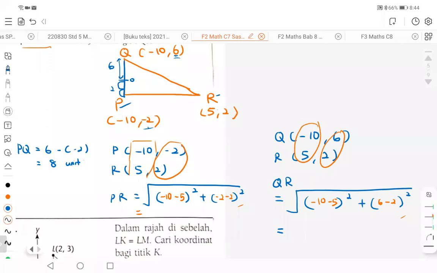And the answer should be in decimal form. PR, I think is what, let me see.